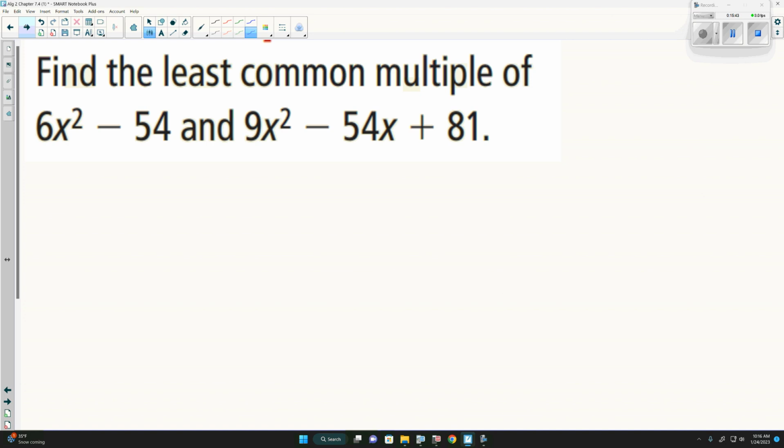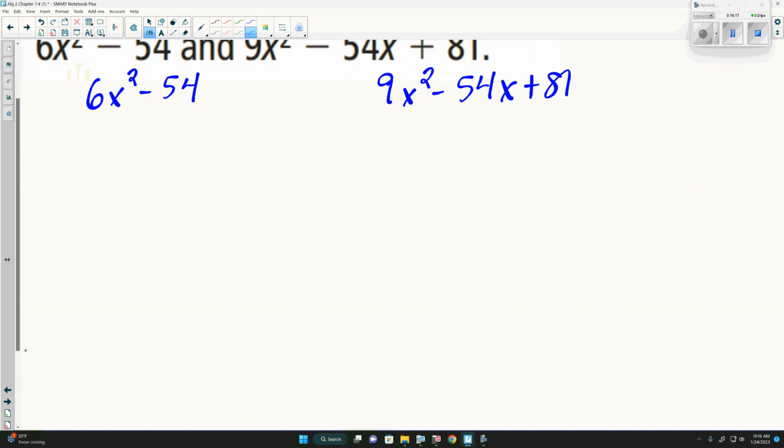So we'll look at another one of these here. And personally, I like doing greatest common or least common multiple or least common denominator, where we have these polynomial expressions over monomial terms or number terms, because I find it easier to find these once we factor them.